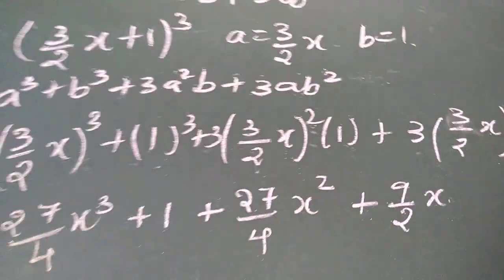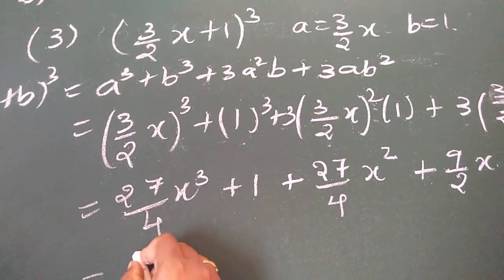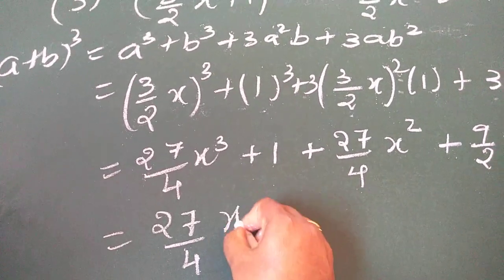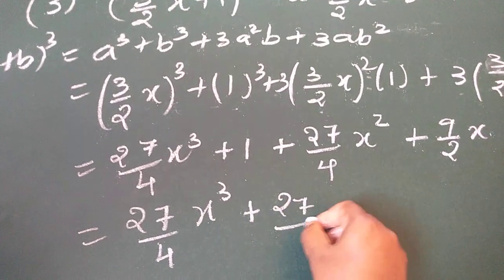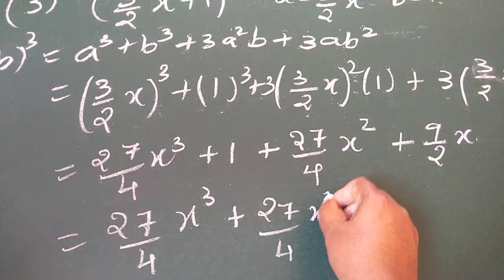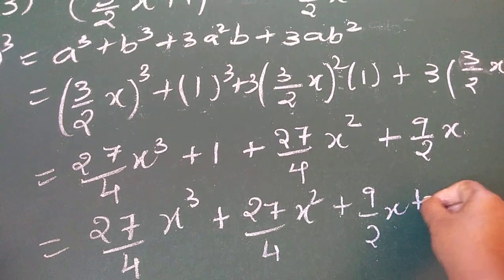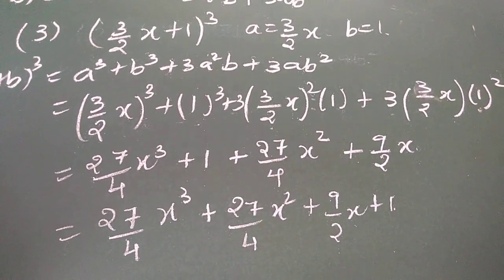Now you have to write in the decreasing order of the power to get in the standard form. 27 by 4 x cube plus 27 by 4 x square plus 9 by 2 x plus 1. Okay children, this is the solution for your next question.